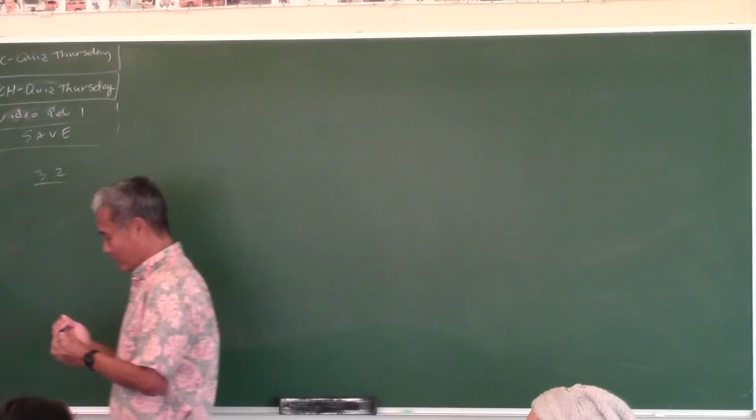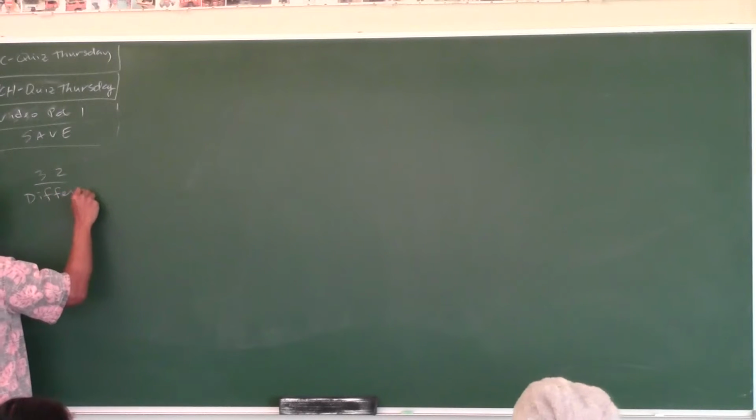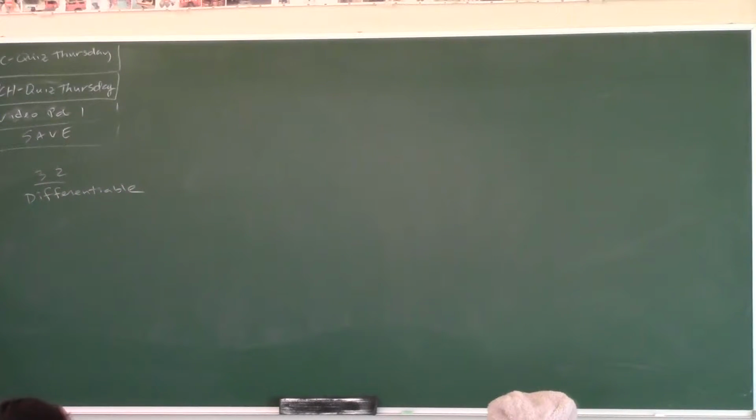Okay, 3.2. This word, differentiable. We need to know what this word means. Basically, if I say a function is differentiable at a particular point, that means it has a derivative. It has a slope. That's what differentiable means.